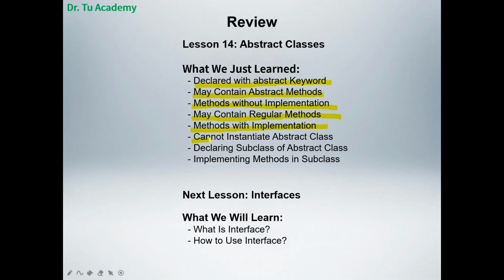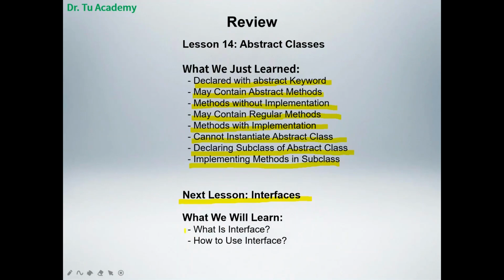Remember, we can never instantiate an abstract class into an object. To use an abstract class, we have to declare a subclass from the abstract class. And we need to implement all those abstract methods in the subclass. In our next lesson, we are going to learn interfaces.